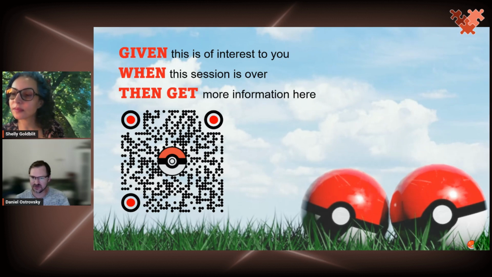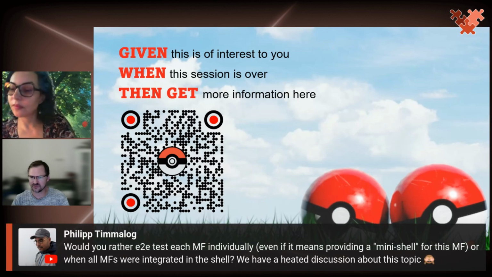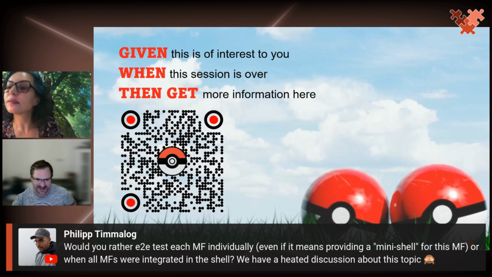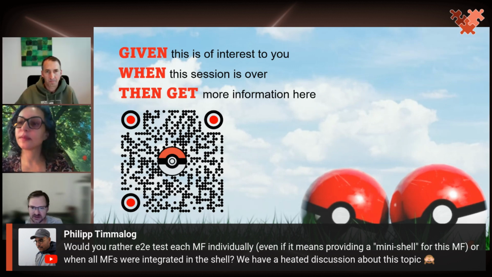Would you rather end-to-end test each micro frontend individually, even if it means providing a mini shell for this micro frontend, or when all micro frontends were integrated in the shell? We have a heated discussion about this topic. Okay, I will answer this for you. The whole idea of the micro frontends is to make teams run independently.